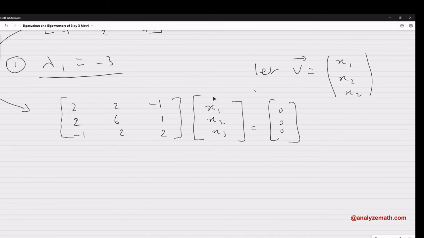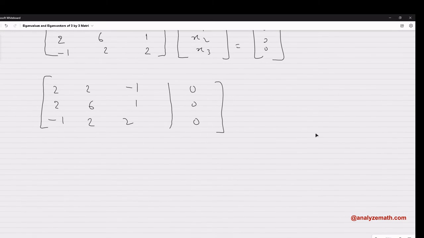Now the idea is to find x1, x2, and x3, and you can do it either using the equations or the matrices. I prefer the matrices. You are dealing only with numbers. So in augmented matrix form, this will be written as 2, 6, 1 here, and then negative 1, 2, 2. Let's put a line to separate the 0. In fact, we don't have to put the zeros because they are not going to change when we apply the row operations.